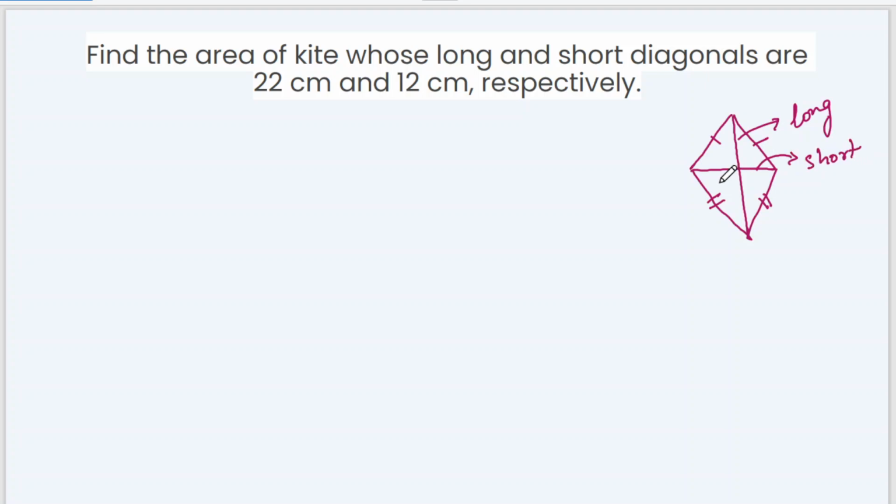Okay. So, we have got two diagonals. The long diagonal is given as 22 centimeter and the short diagonal is given as 12 centimeter. And they have asked me to find the area of kite. So, area of kite, if you know the diagonals, can be written as half into product of diagonals. So, diagonal 1 into diagonal 2.